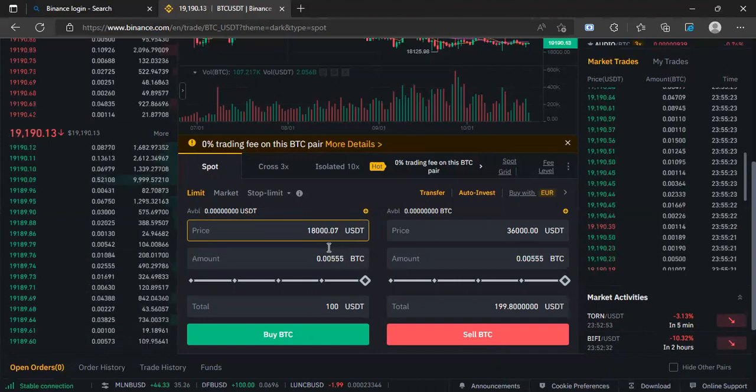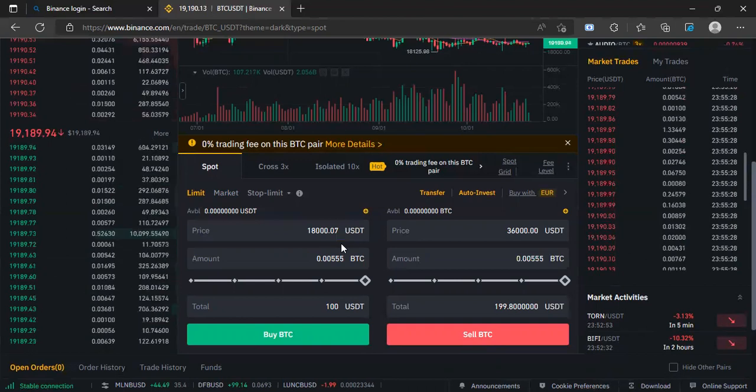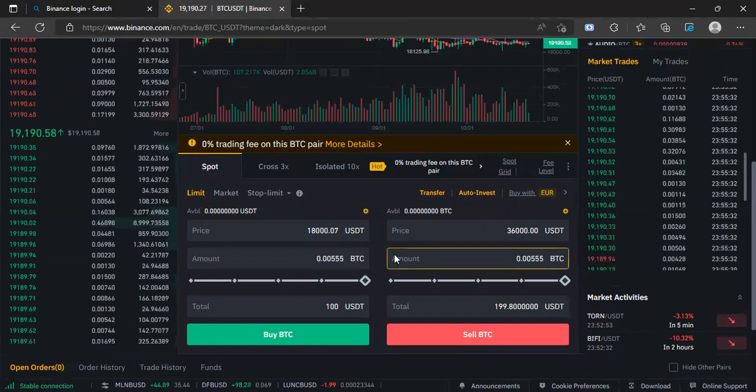Hear me out. If you have, how's it called, an order, right? For example, you buy this much of Bitcoin, and then if you want to sell it, remember, if you buy something and it hits your stop loss, pretty much that means that somebody else is buying your order. Your stop loss is a sell, so somebody else is catching it.